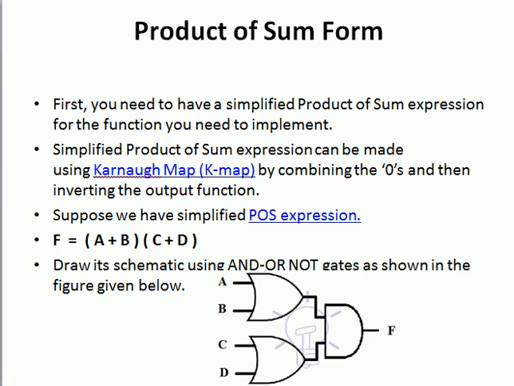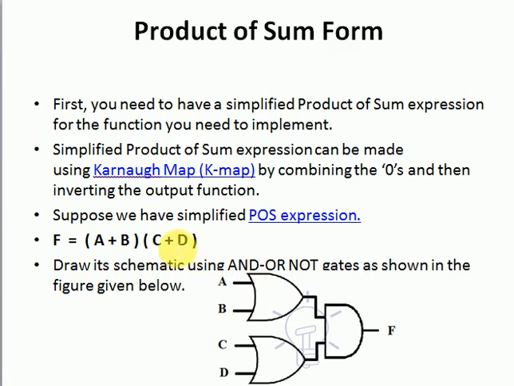Let's suppose that we have F is equal to (A plus B) into (C plus D). This is in the form of POS. First of all we will draw it using the AND, OR and NOT gates. The first one is A plus B, so an OR gate here gives A plus B at the output.